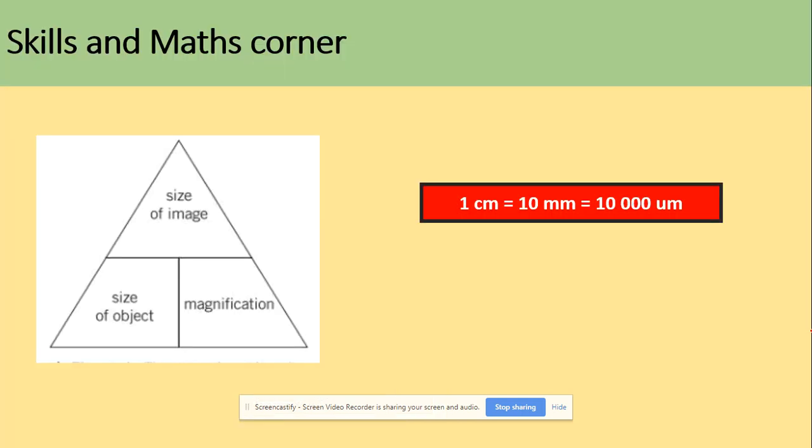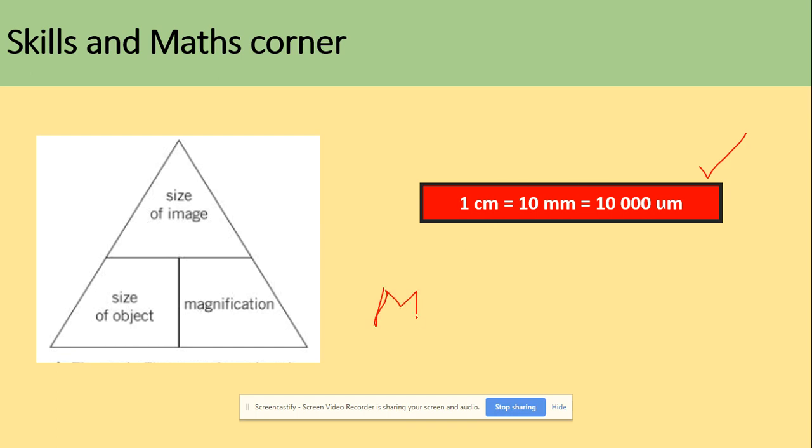Maths skills then, so magnification. I'm not going to go through explanations of how to do it because there's only one tip here that I need to give you. Conversion: remember 1 centimeter equals 10 millimeters equals 10,000 micrometers, so adding a 0 and then adding 3 zeros, that's the easy conversion.